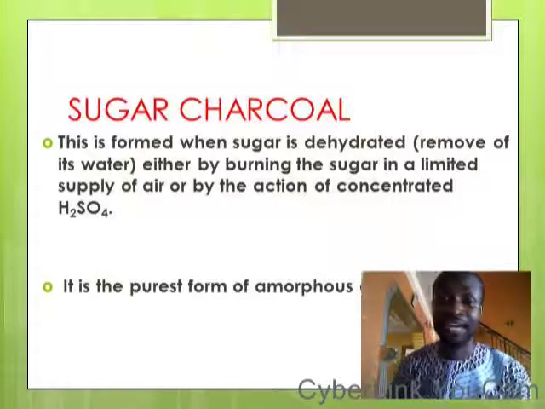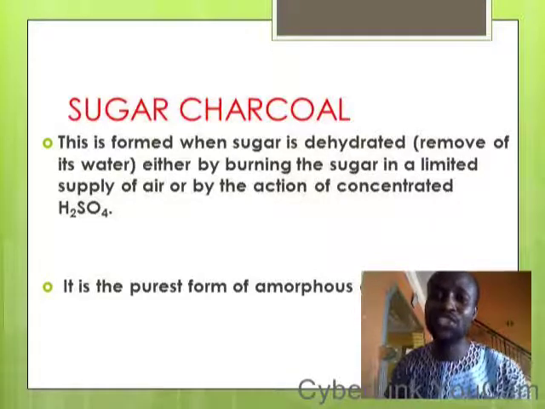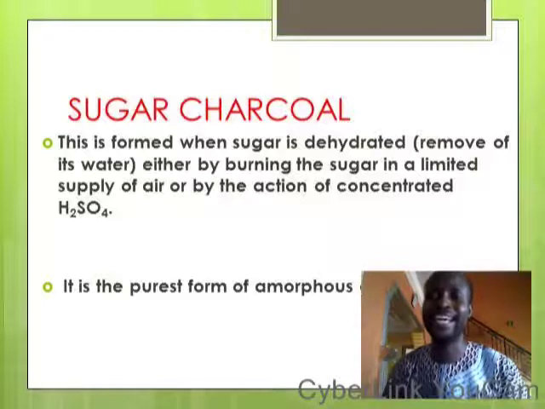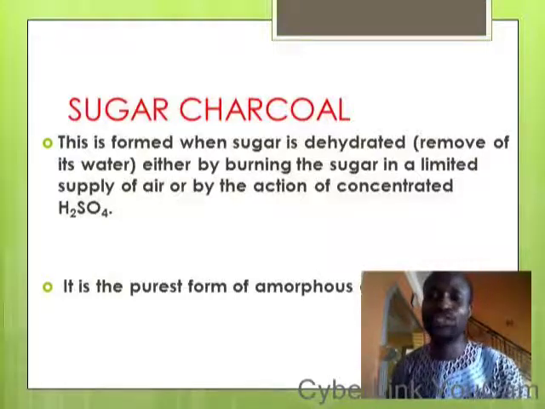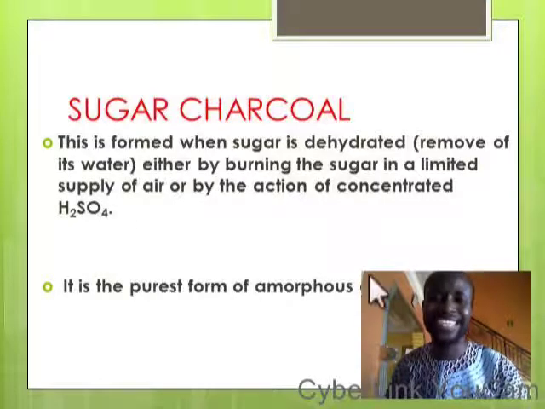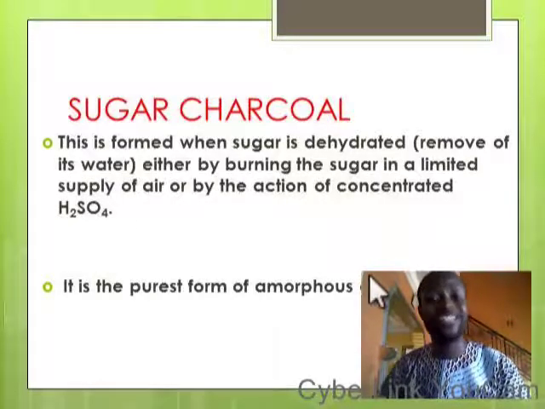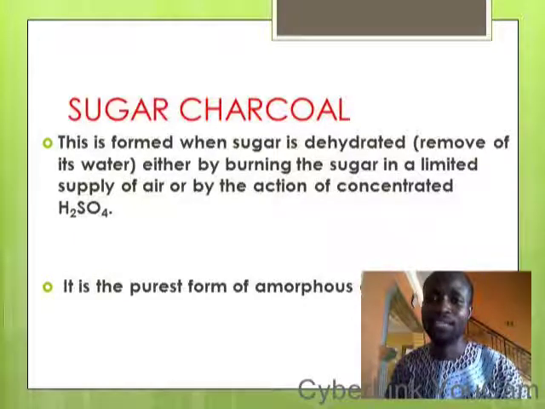Dehydration is removal of water molecules, either by burning the sugar in limited supply of air or by the action of concentrated H2SO4. Let me quickly tell you this. H2SO4 is an example of a dehydrating agent. It can as well dry, but here we are using it to dehydrate. Let's move on.